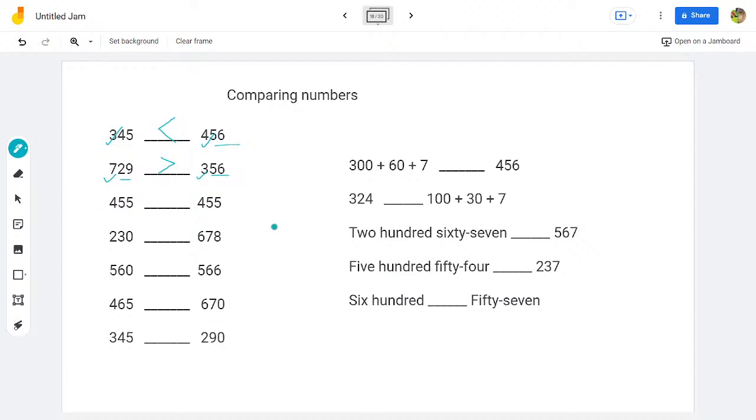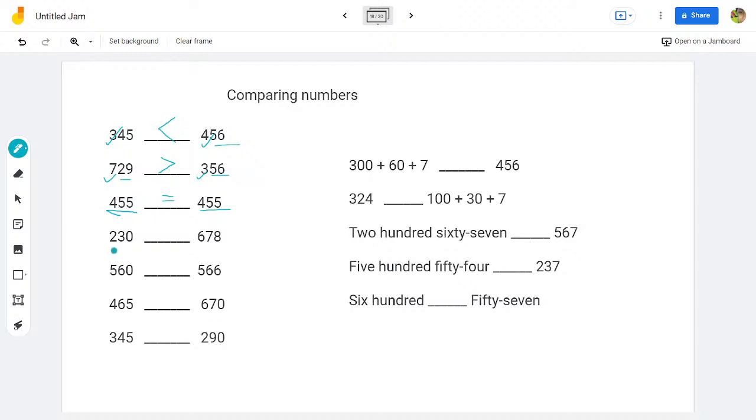This is how we do it. Now comes the next one, 455. Now can you see over here, both the numbers have the same digits, 455 on both sides, which means we would do 455 equal to 455, because on both sides the digits are all the same.